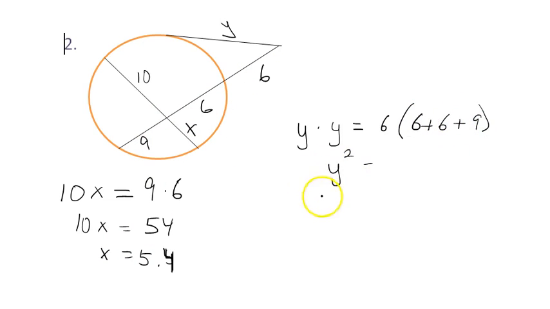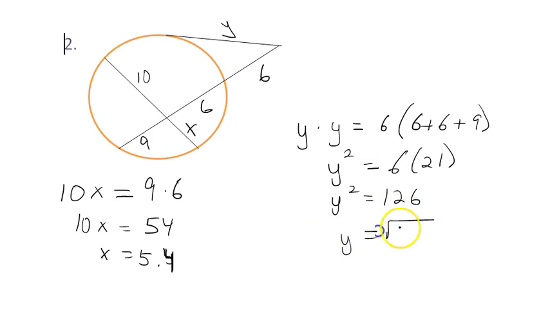This gives me that y squared equals 6 times 21, and so that would give us 126, and you could take the square root of that to get your answer. And I don't have a calculator handy, but I'm sure that you probably could type that in.